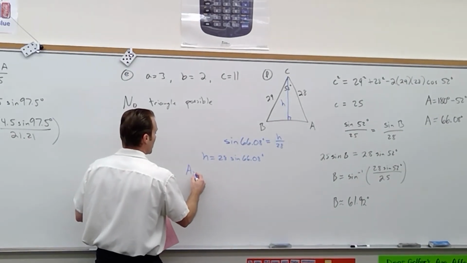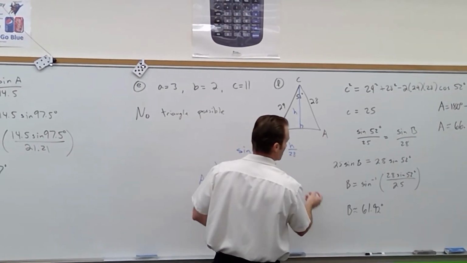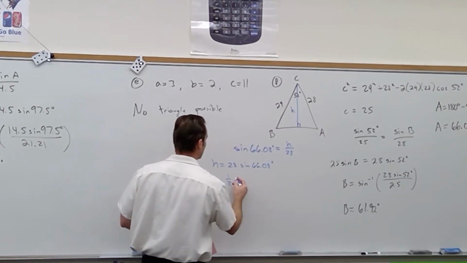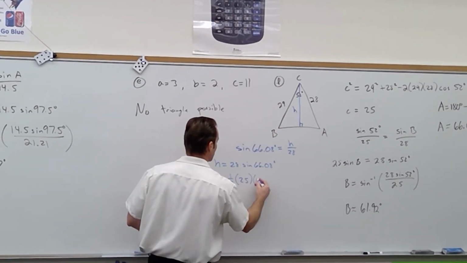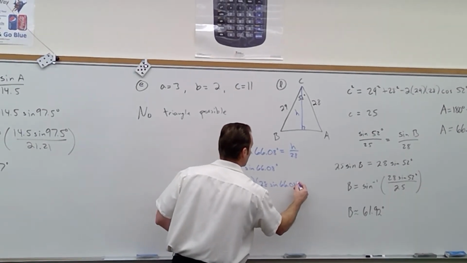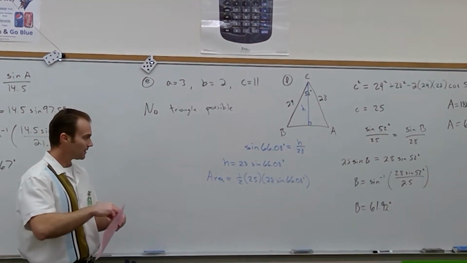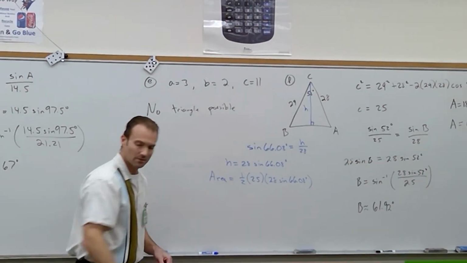And area is a half base times height. Base is 5. And again, I don't see the area written, so let me pull up my calculator.